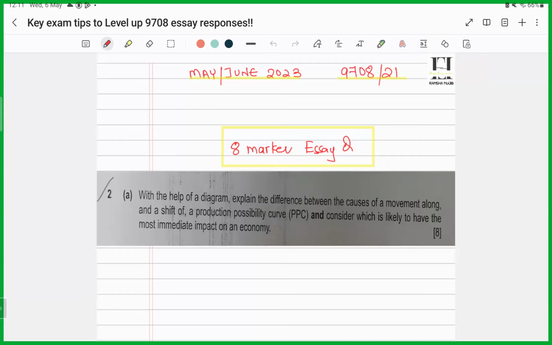So 3 marks would be for assessment objective 1, knowledge and understanding. 3 marks would be for analysis, and the final 2 marks would be awarded if you evaluated using a valid judgment on whether a movement along or a shift of a PPC would cause the most immediate impact on an economy.